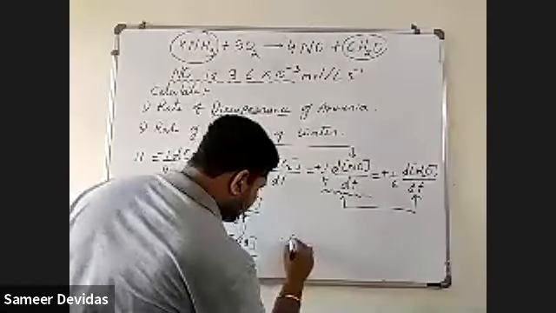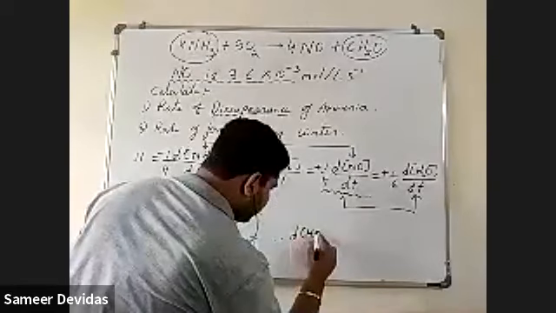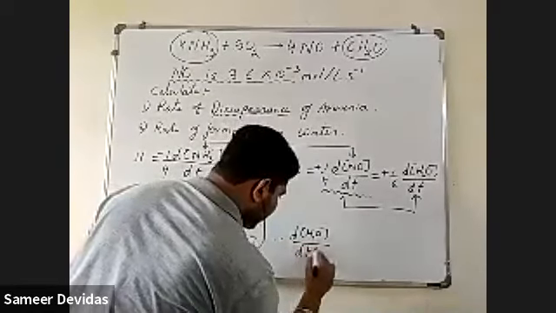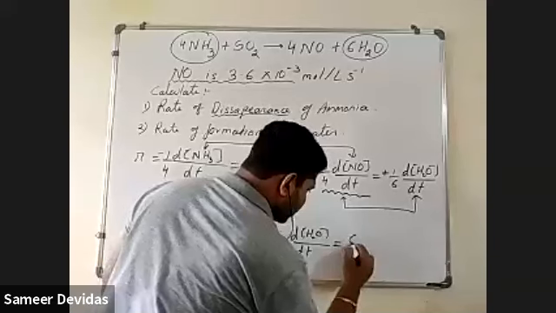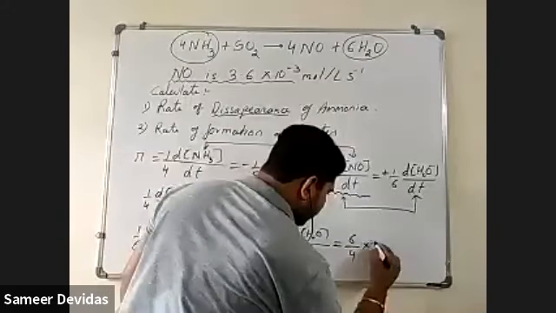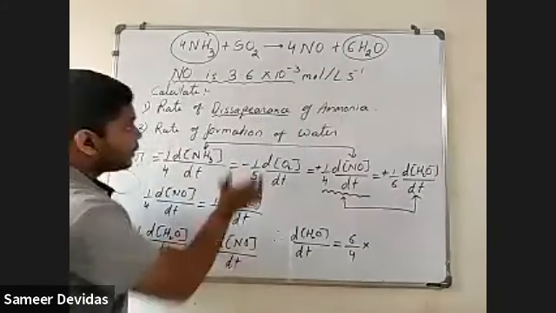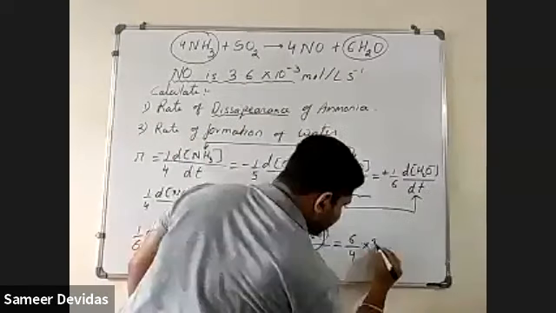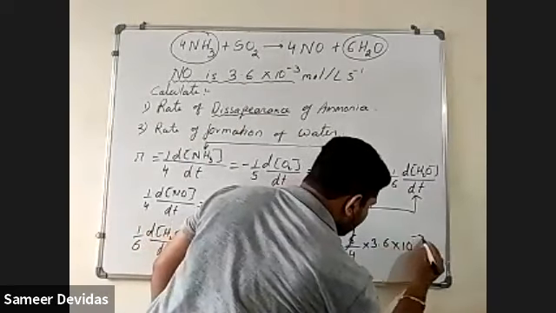Numerator. So I will write d H2O upon dt is equal to 6 upon 4 into dNO upon dt, the value of which is 3.6 into 10 raised to minus 3.